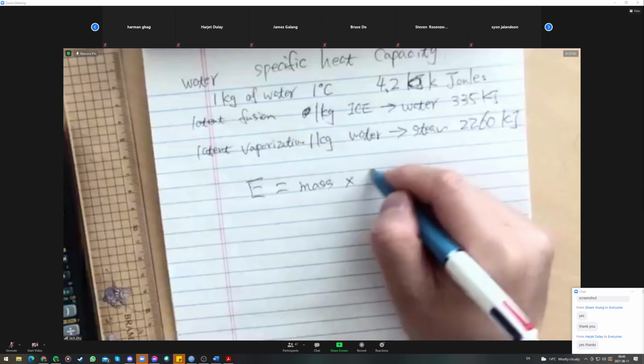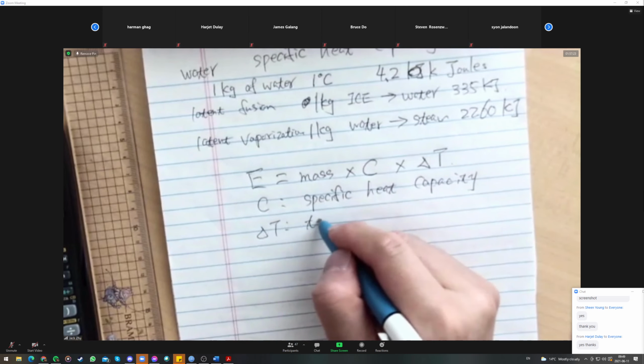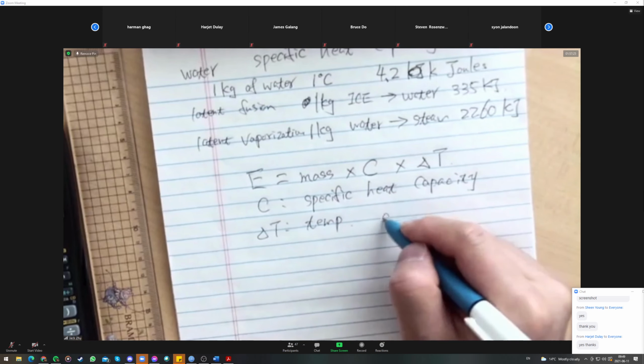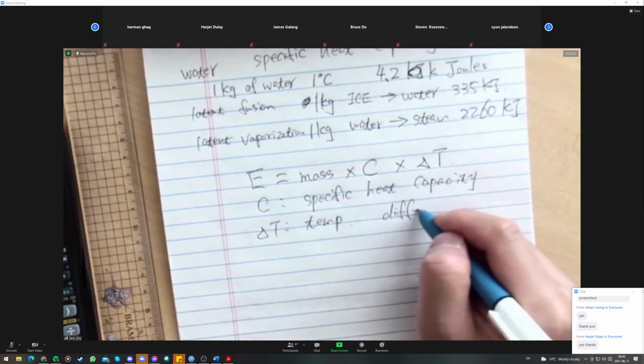So C is the specific heat capacity. Delta T is the temperature difference. M is the mass.